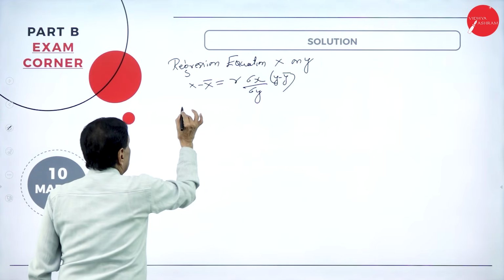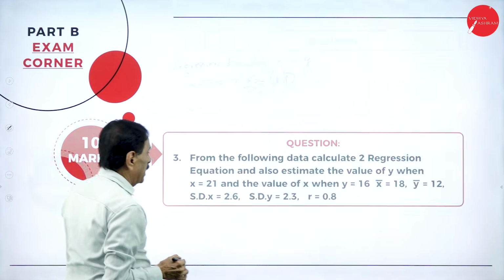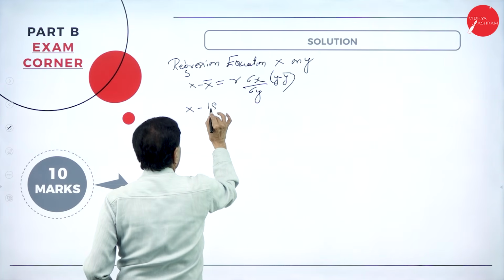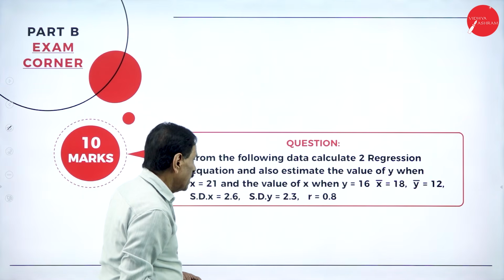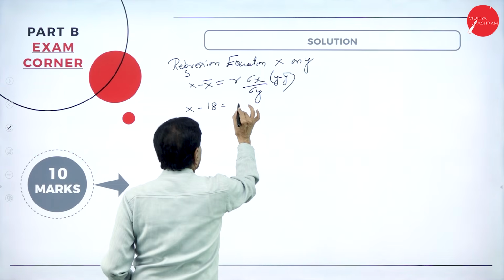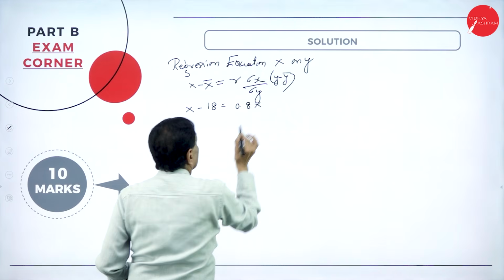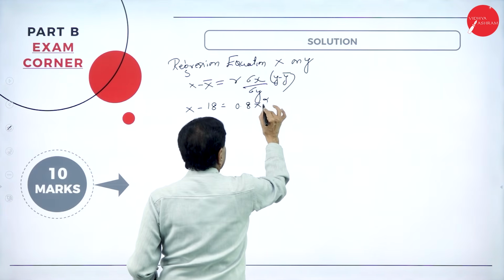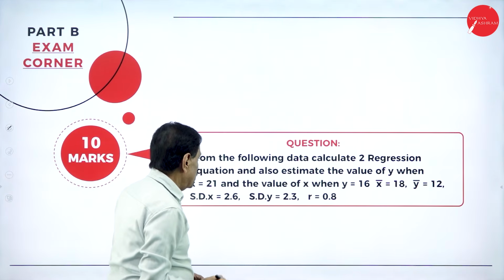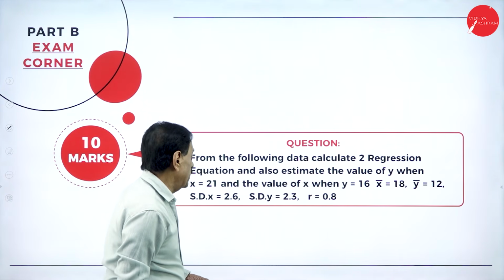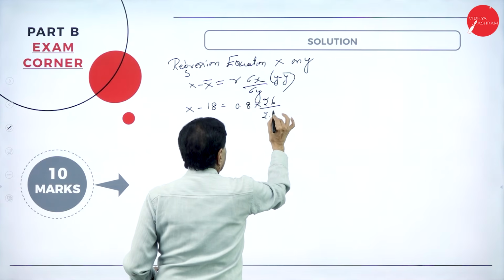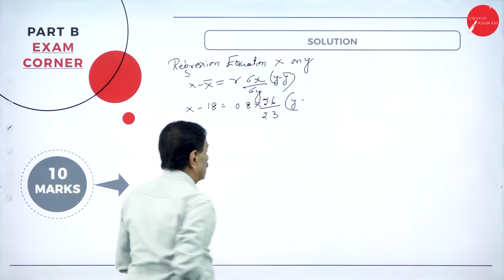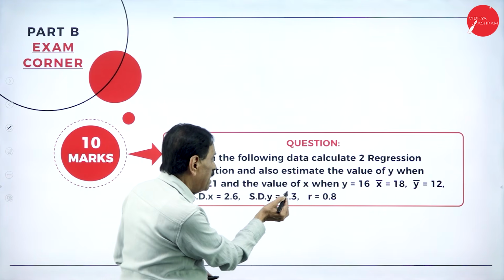Apply now. X minus, what's your x mean? 18. What's your r? 0.8. What is standard deviation x? 2.6 divided by standard deviation y, 2.3 into y minus, what's your y mean? 12.